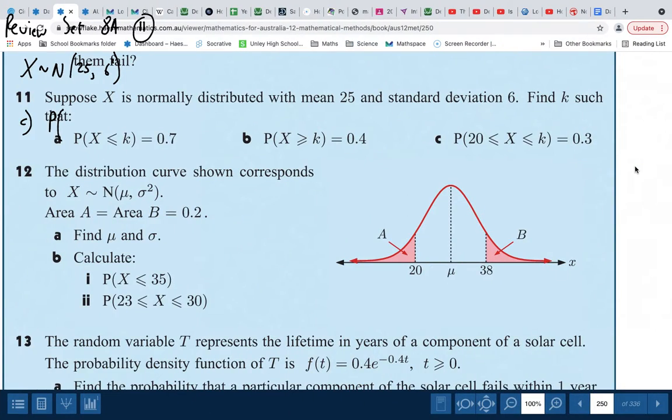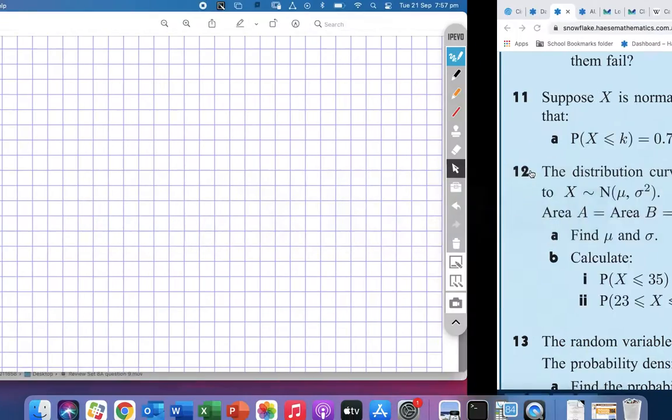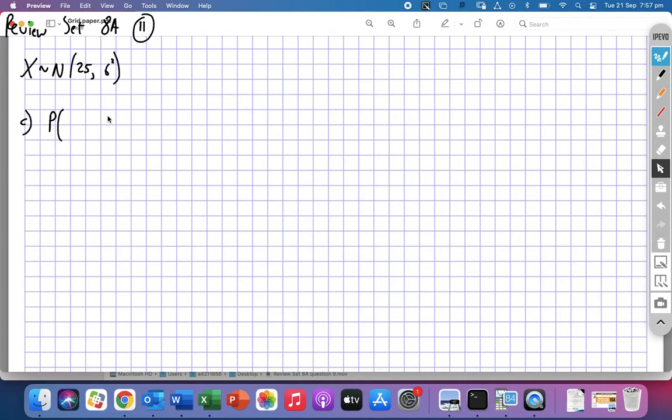What did it say? The probability that x lies between 20 and k is 0.3. The probability that x lies between 20 and k is 0.3.